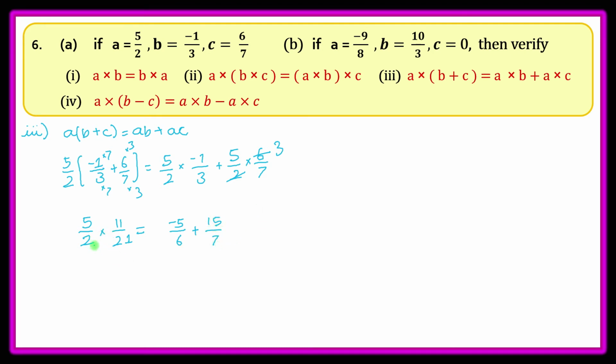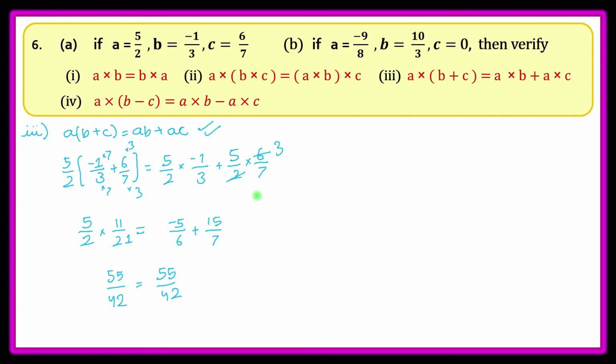So now let's multiply at the left hand side. So we will have 5 into 11 is 55 and 2 into 21 would be 42. And as we know that our properties are always correct, so you don't have to calculate this addition, it will just waste your time. Just write the answer same as like this, 55 upon 42 equals 55 upon 42.